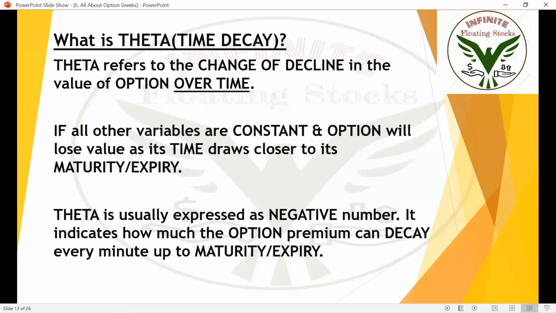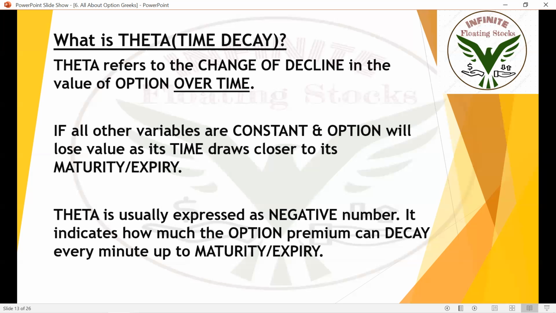So if the premium is 80 on Monday, it will become around 60 on Tuesday, around 35 or 40 on Wednesday, and 0 on Thursday, because Thursday is an expiry day. You can ask me why the premium is decreasing when there is no movement in Nifty. This happens because of theta.